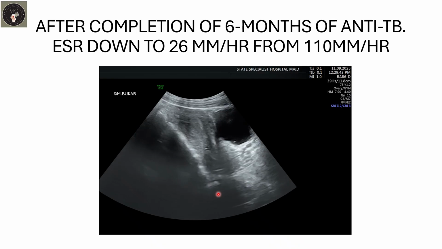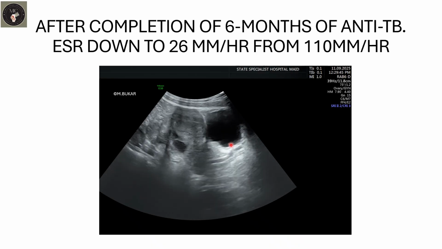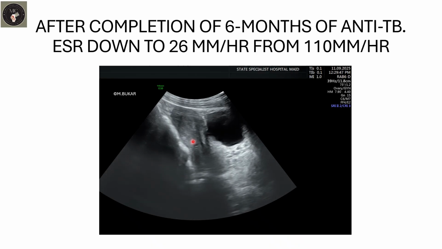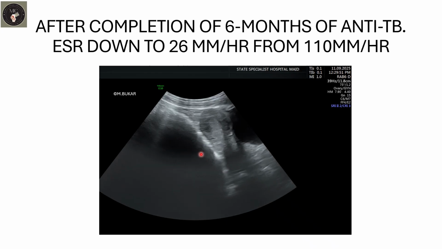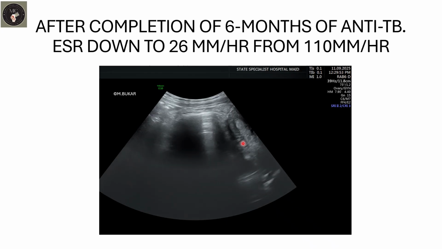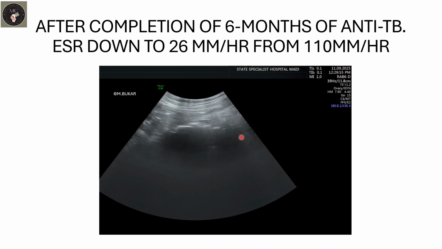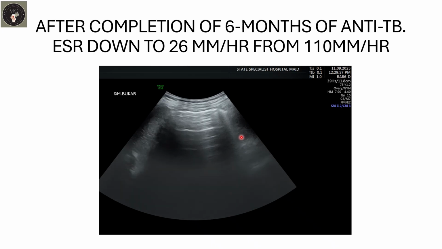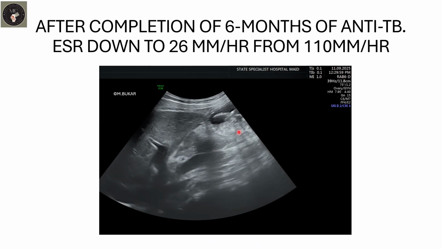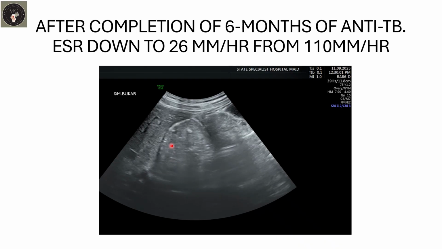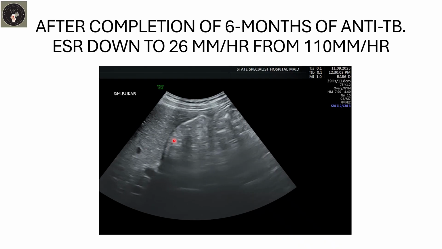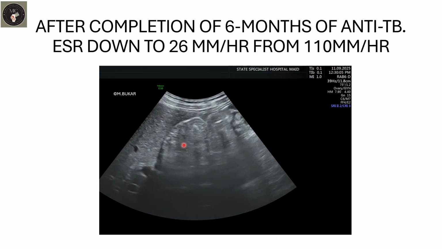So here you can see the bladder, the uterus, part of the ovary is seen here. And note that the ascites is now minimal. It's minimal here.